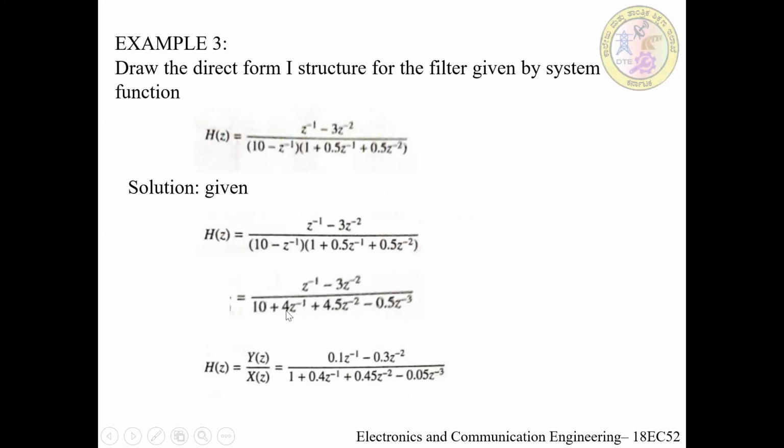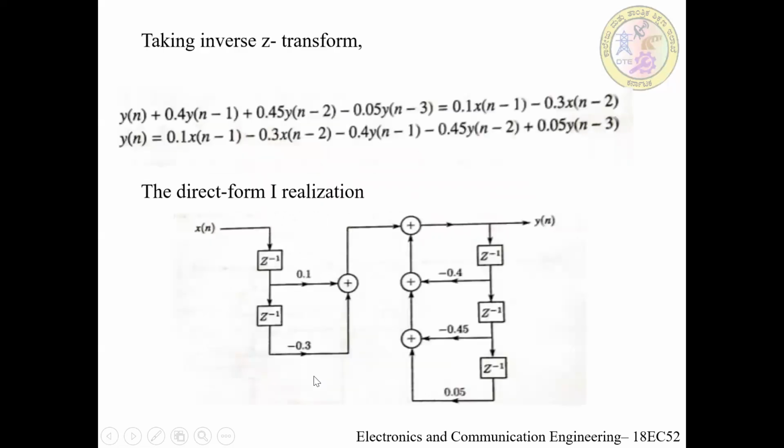So 1 plus 0.4 into z to the power of minus 1 plus 0.45 z to the power of minus 2 minus 0.05 z to the power of minus 3. Now we have to cross multiply, and then take the inverse z transforms.